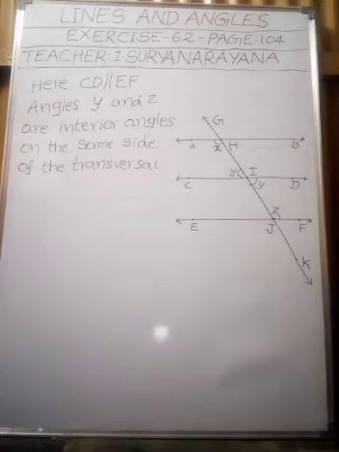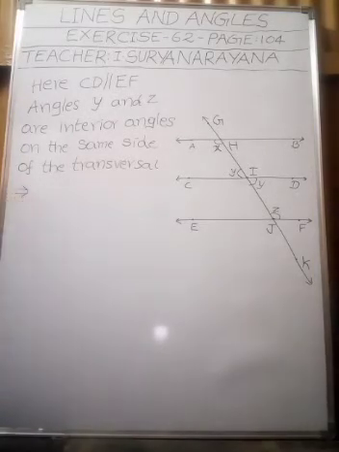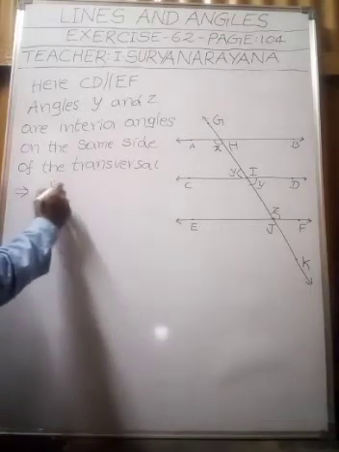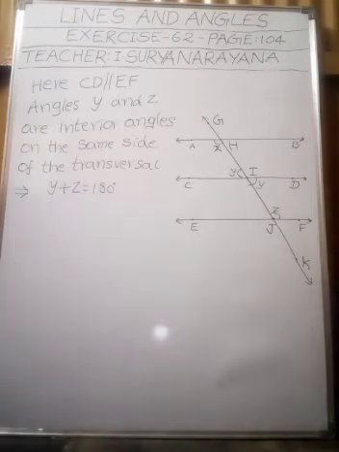If two lines are parallel, then the sum of the interior angles on the same side of the transversal is equal to 180 degrees. They are supplementary. Do you remember that point, my children? Right. This implies Y plus Z is equal to 180 degrees.